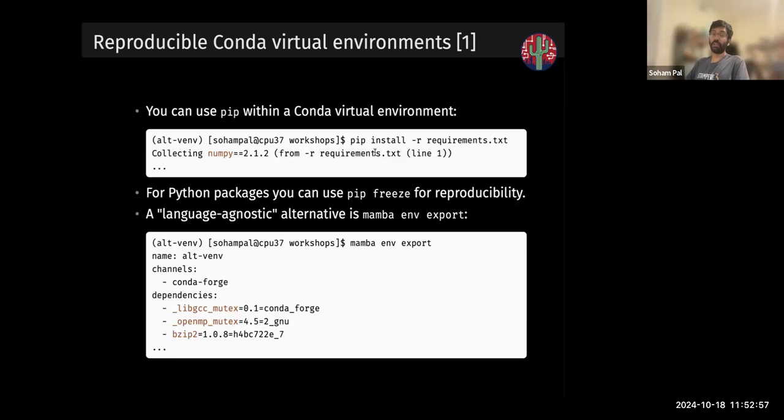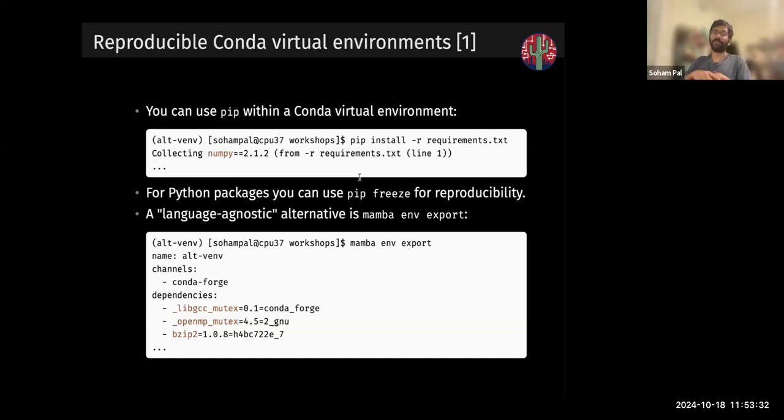Because you can use pip, you can use pip freeze just like earlier, and you can do the exact same things that I discussed earlier in Python. But since Conda can be used for not just Python, but Python, R, and Julia, it doesn't depend on the language per se.